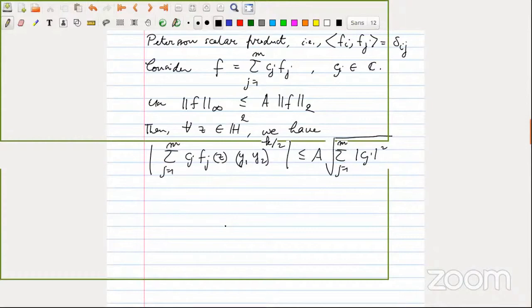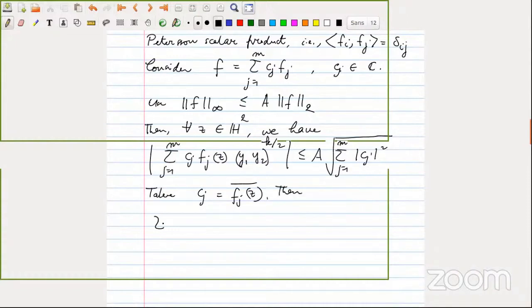Once I have this, I can take whatever number I want here, because I have the freedom to choose the c_j, the linear combination which I'm taking. Now instead of c_j, you take the complex conjugate of f_j, and take c_j to be equal to the conjugate of f_j(z).